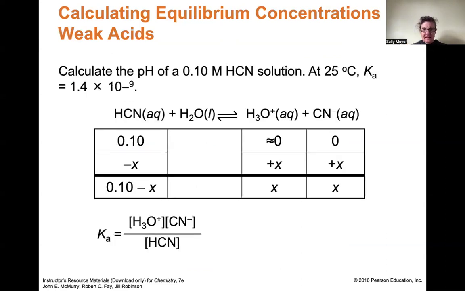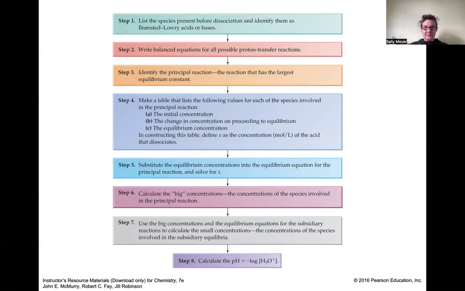So that expression is at the bottom. Ka equals the products over the reactants. So in a weak acid equilibrium, it would equal H3O+ concentration, the hydronium ion, times the conjugate base, in this case CN-, divided by the concentration of the acid.